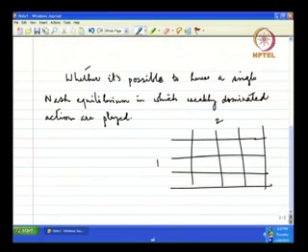So, let us suppose there are two players, 1 and 2. Player 1 has 3 actions: U, M, suppose B, and player 2 has 3 actions: L, C, R, and following are the payoffs.